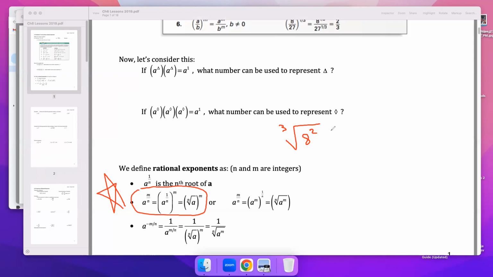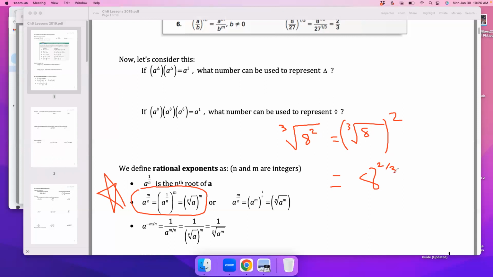This can be written like this, or it could be written like this. So those are all interchangeable.